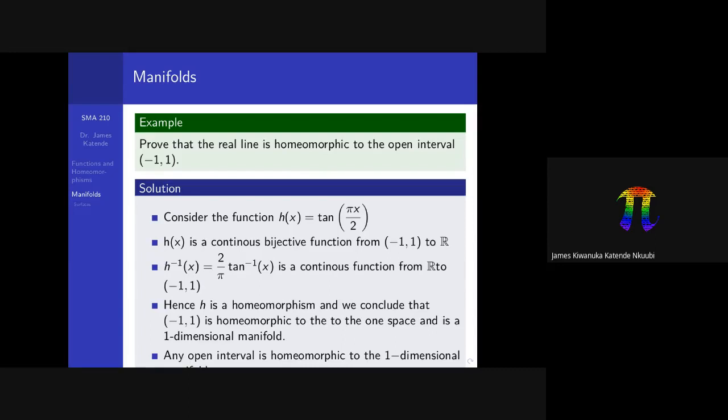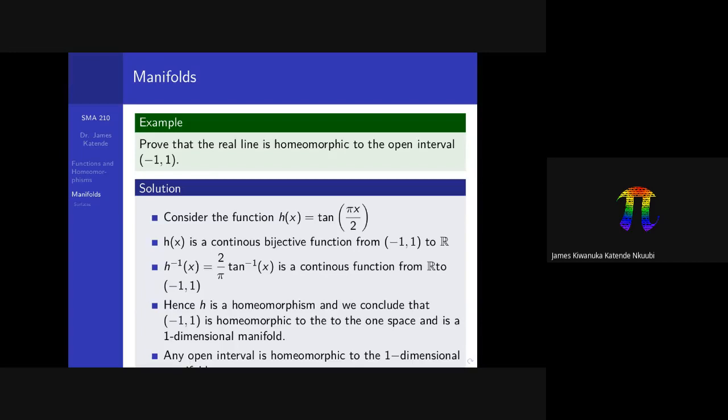The example says prove that the real line is homeomorphic to the open interval -1, 1. That's the open interval -1, 1. To prove that two objects in space are homeomorphic, an easy way is to find a homeomorphism between the two.